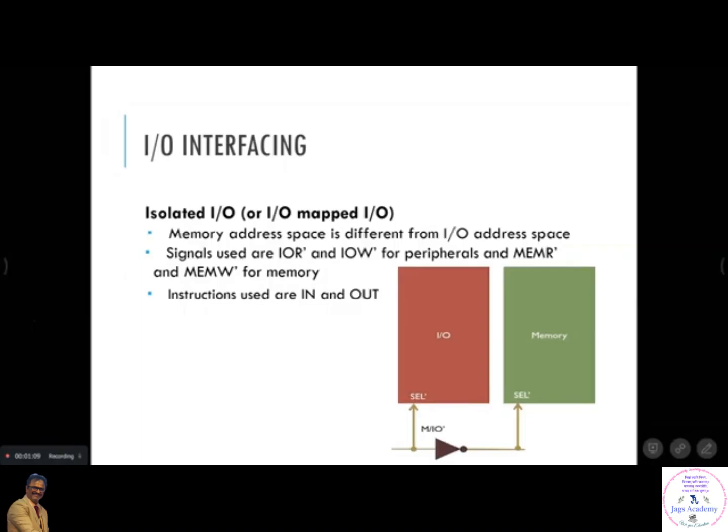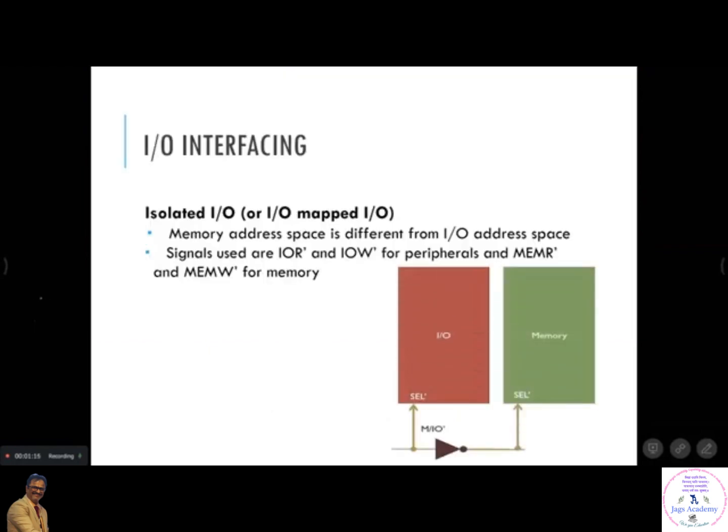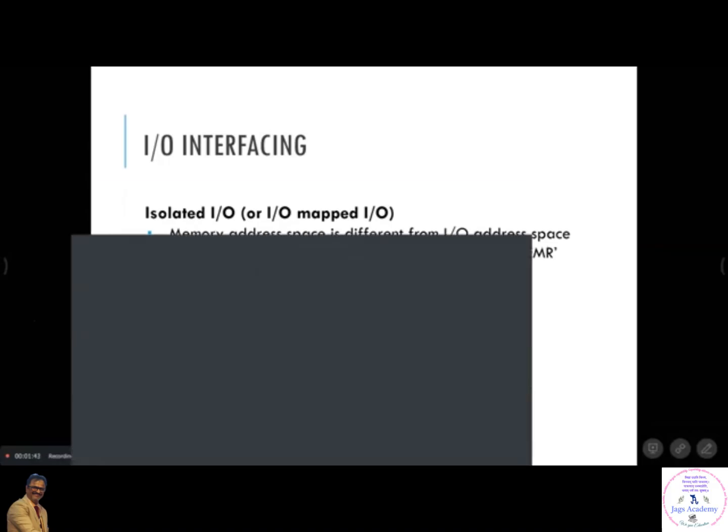Every microprocessor generates an address to locate whichever I/O is connected. In isolated I/O, memory address space is different from I/O address space. I explained this during the last class.